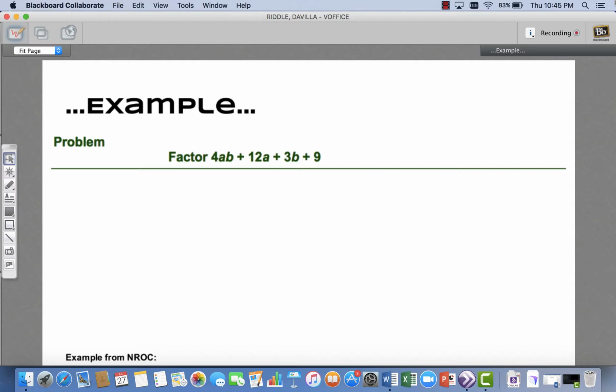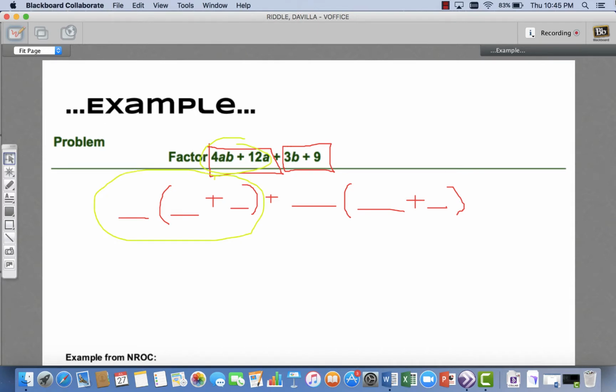So let's look at this set first, these 2 terms, and these 2 terms. And our answer is going to look something like this. And this is going to be from here. This is going to be from here. Do you want to try it now, or do you want me to continue explaining?